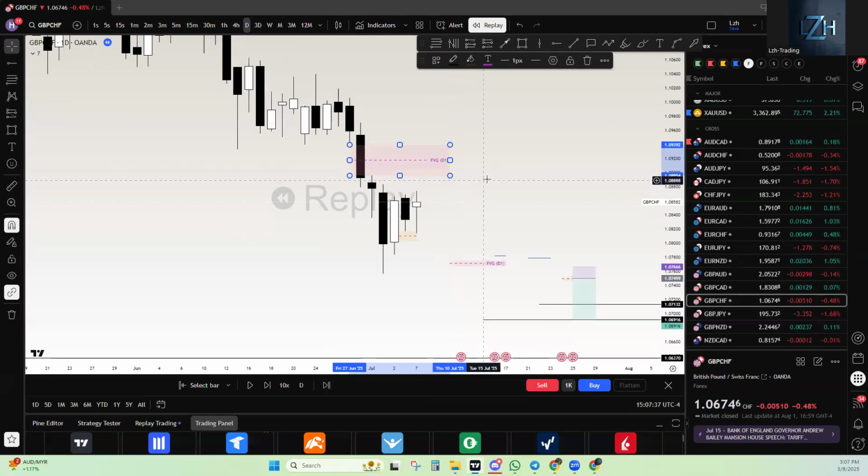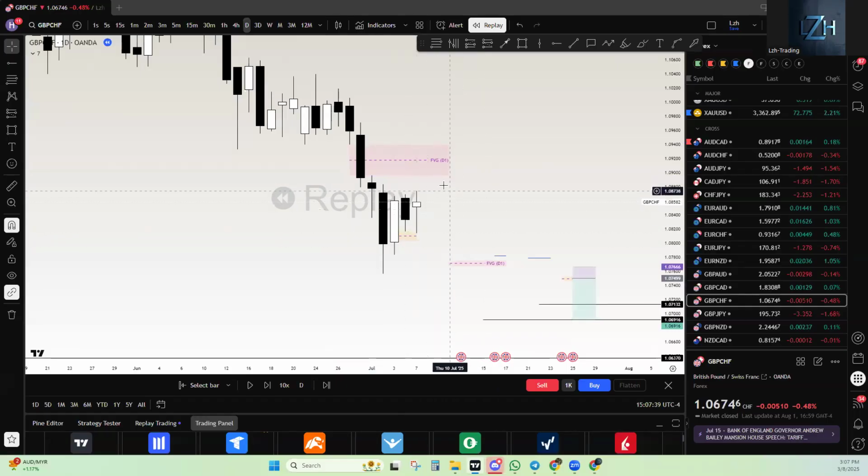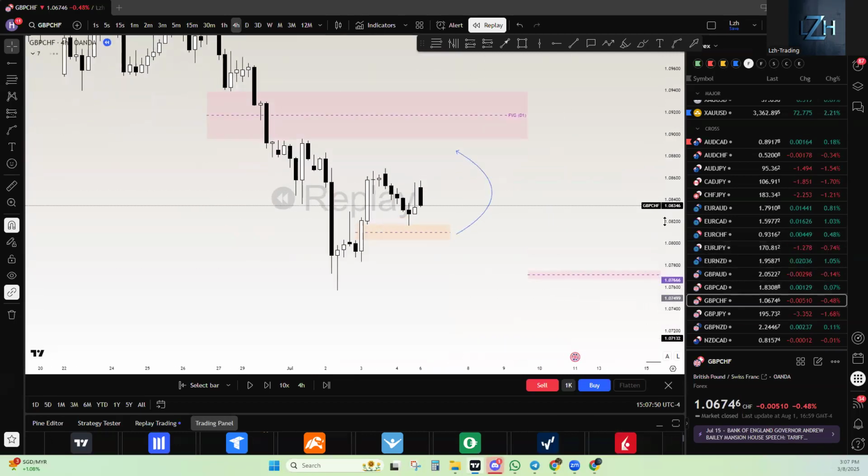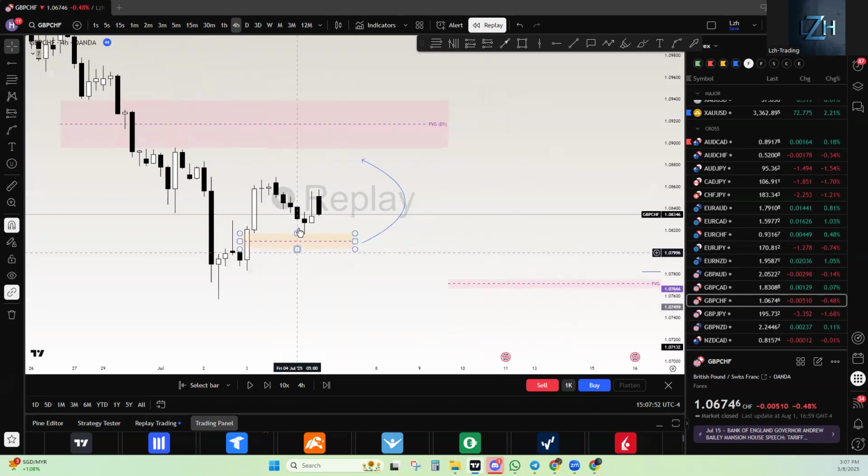There might be a possibility that price still seeks from external to internal liquidity. So when I zoom down to the 4-hour chart, this is what I see.